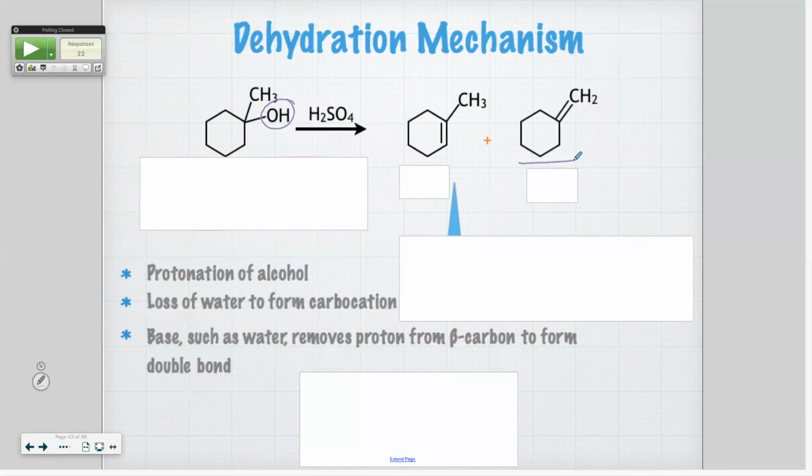And the other possibility is one of these. Do you see that this one and this one are the same? That if you drew this one like this, it's the same thing. It's just flipped.